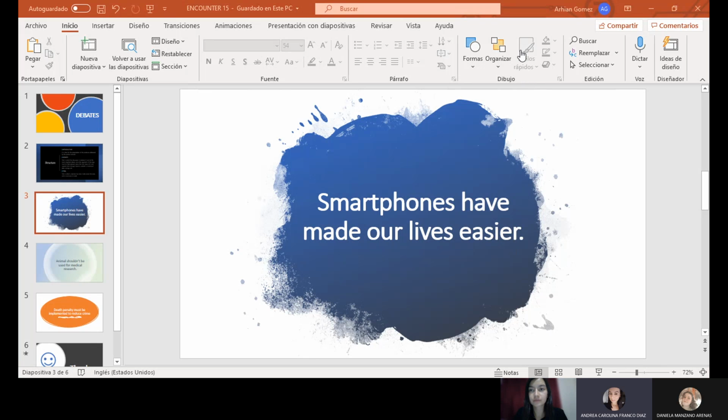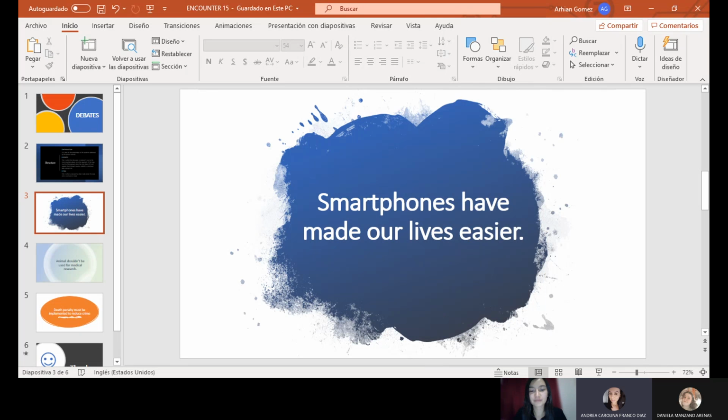Smartphones have changed our life for more than 20 years because the first smartphones started to appear in the 2000 decade. I don't know how to say.